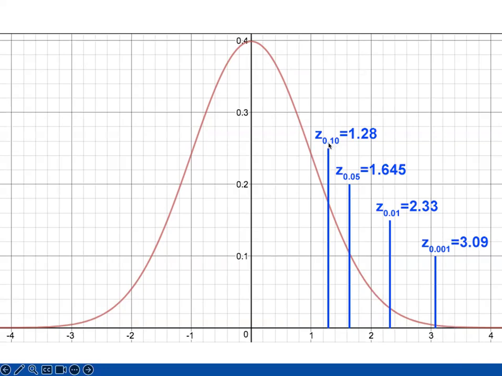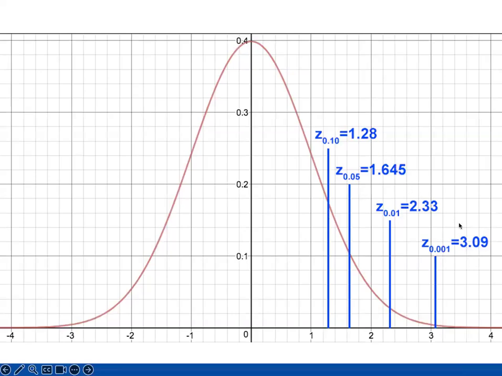So for an alpha of 10%, the critical value is 1.28 because the z-score 1.28 has an area of 10% to its right. Meanwhile, for an alpha of 5%, the critical value is 1.645. For an alpha of 1%, the critical value is 2.33. And finally, for an alpha of 0.001, the critical value is 3.09.